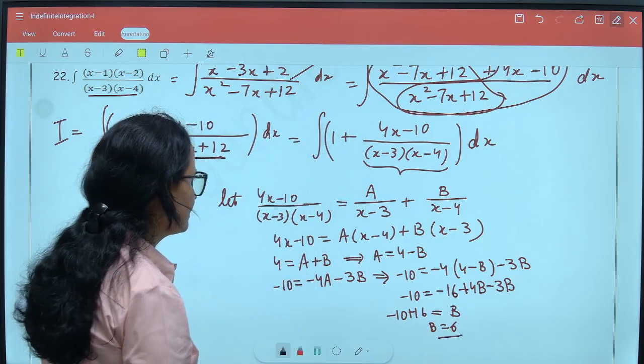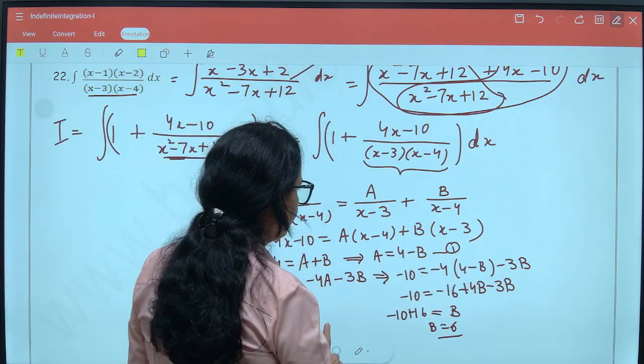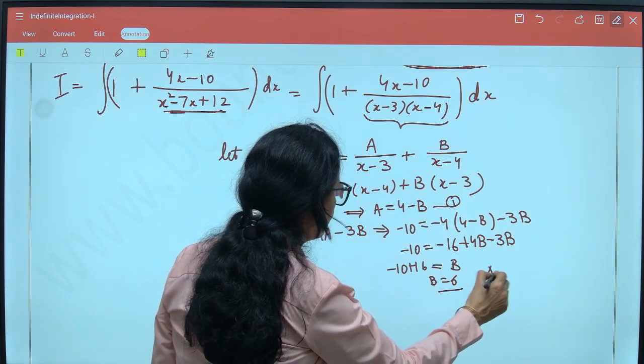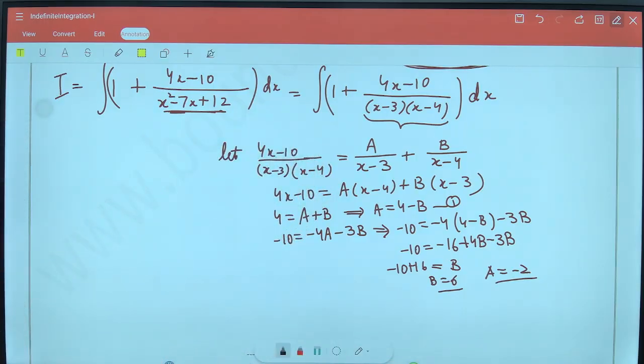Value of b is 6, so that means you can put it in this equation, equation number 1. The value of a is going to be 4 minus 6, that is minus 2. Right, so a is minus 2 and b is 6.